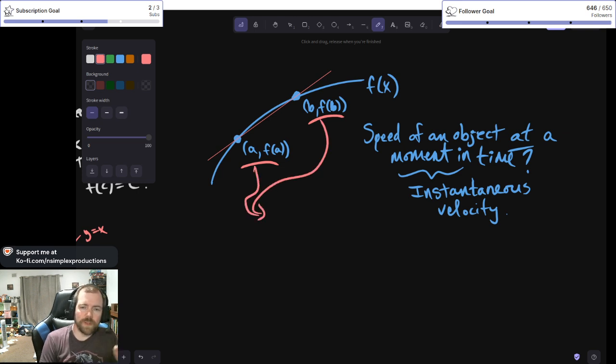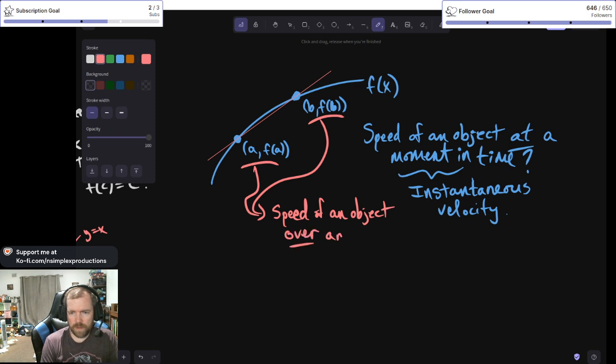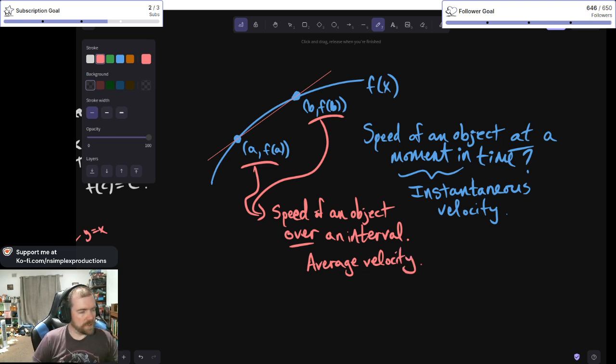What you have is what is better known as an average velocity. So the best he could do initially was to talk about average velocity.